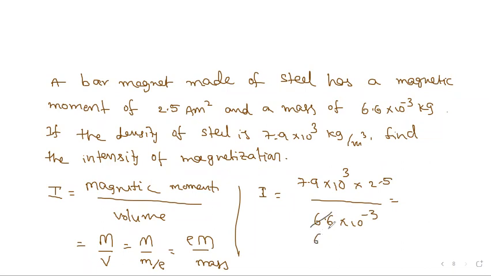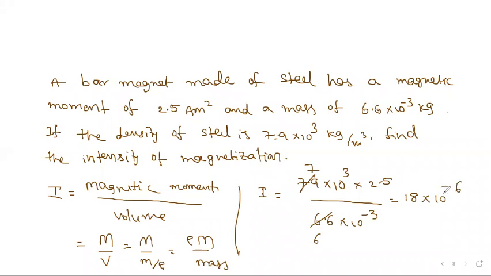Nearly, I can take this as 11.6, 11.7 nearly. 7 into 2.5 will be how much? 17.5. Nearly it will be 18 only. Of course, this is more than 7 actually. 18 into 10 power minus 6.